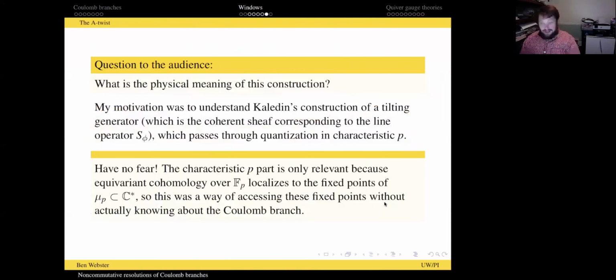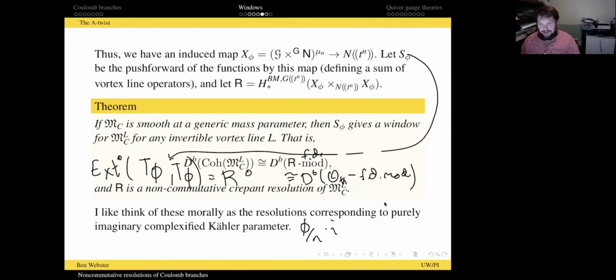Right, so I have to say, I don't understand what the physical meaning of this construction is. I would be really happy if anyone could explain why it corresponds to the pure imaginary Kahler parameter. Things work out when you think about it that way.